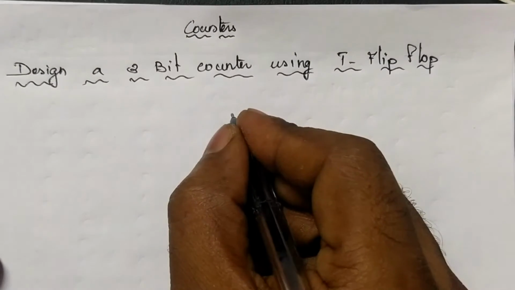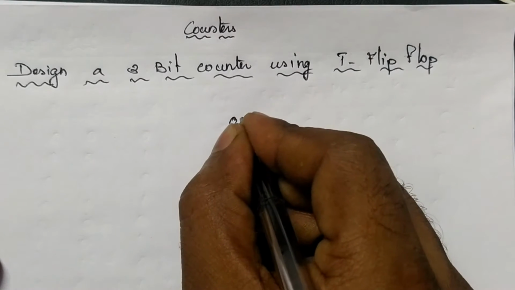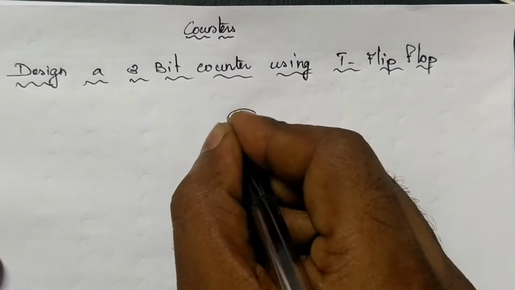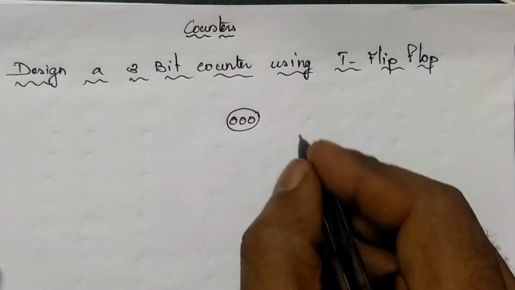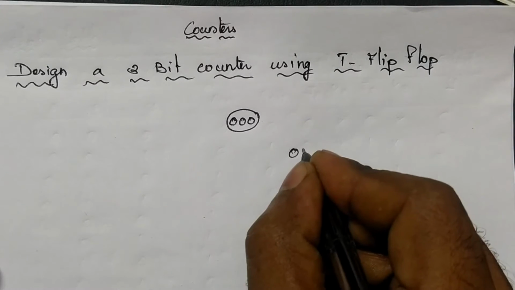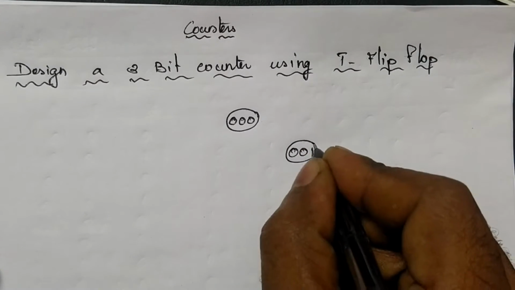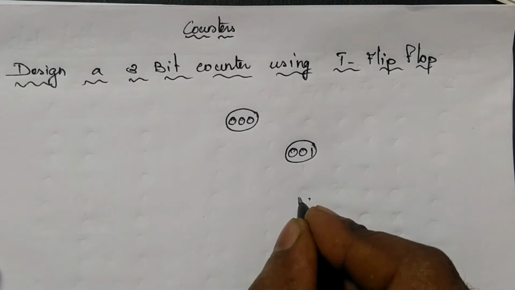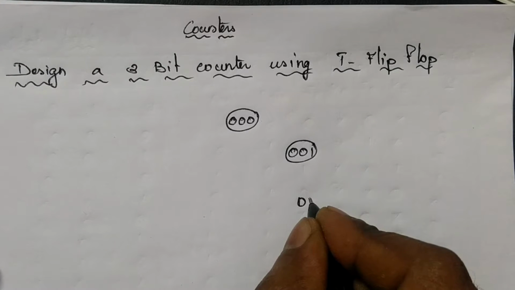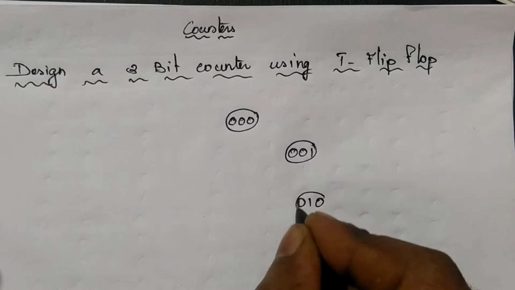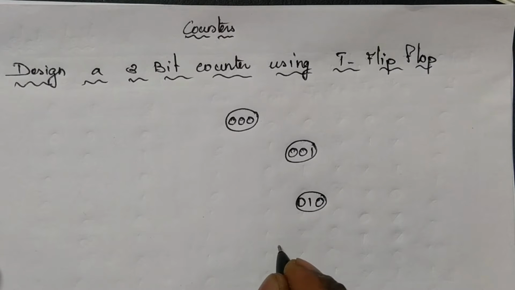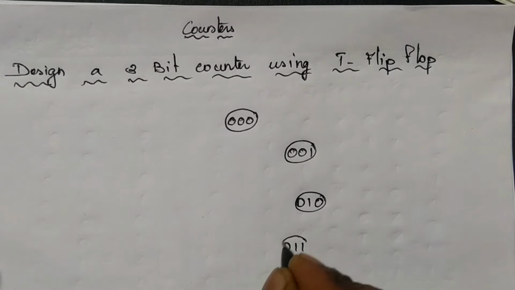Therefore, for 3-bit, the initial value will be 0, 0, 0. And the next value is 0, 0, 1. And its next value 0, 1, 0. And the next value is 0, 1, 1.